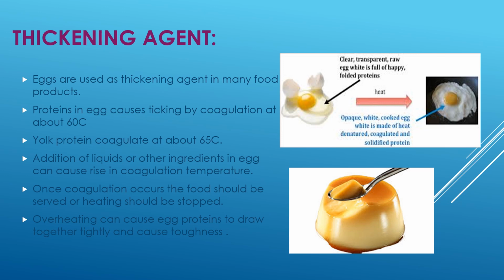Addition of liquids or other ingredients to egg can cause a rise in coagulation temperature, because of the addition of that liquid, it takes more time to coagulate. Once coagulation occurs, the food should be served or heating should be stopped, because overcooked food can become rubbery.